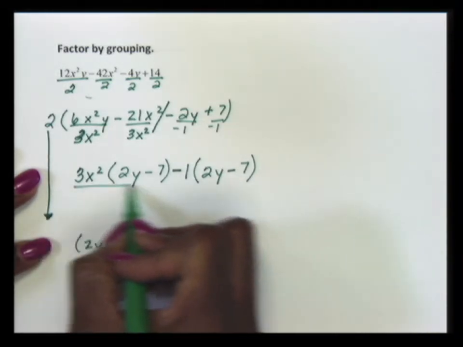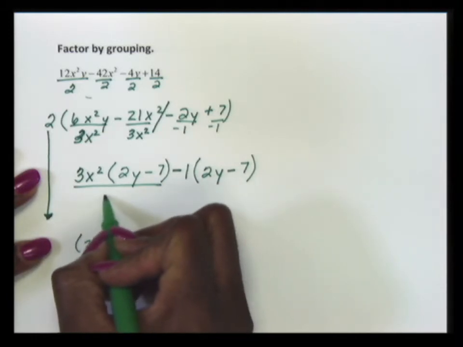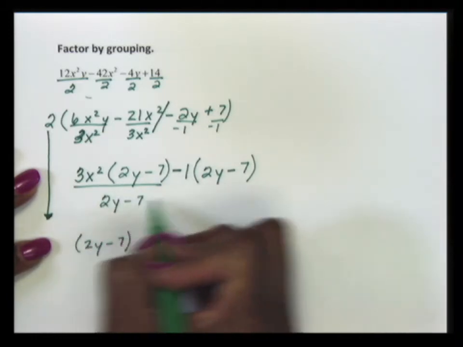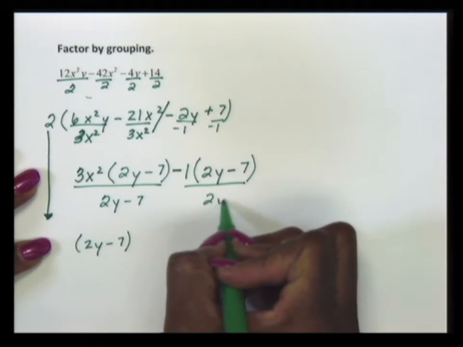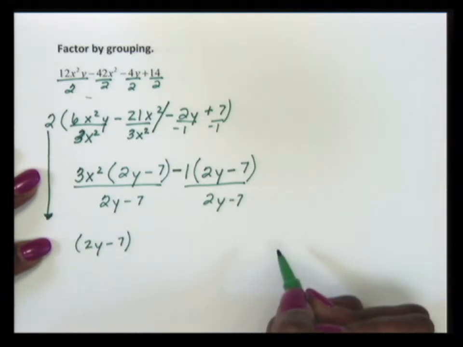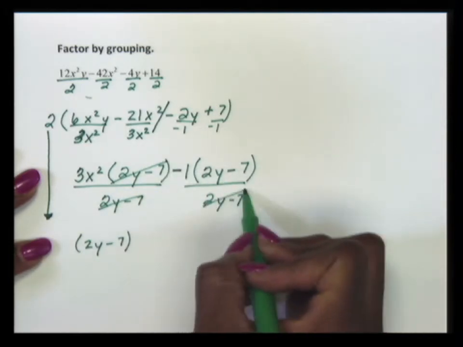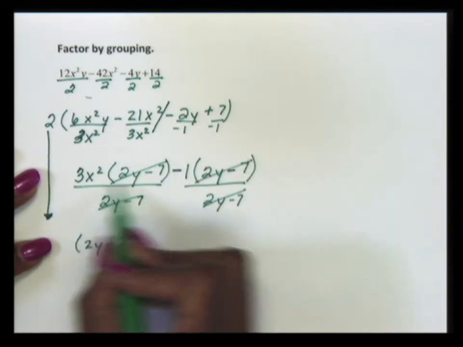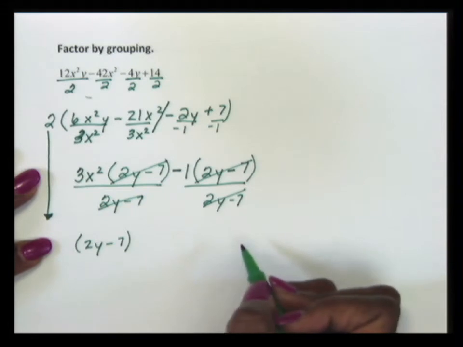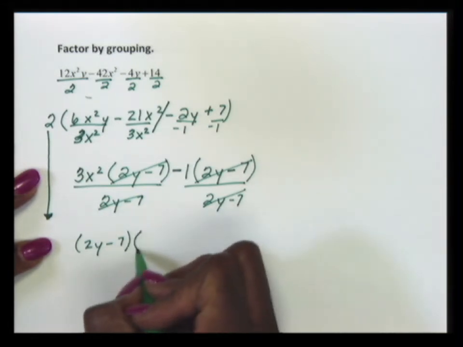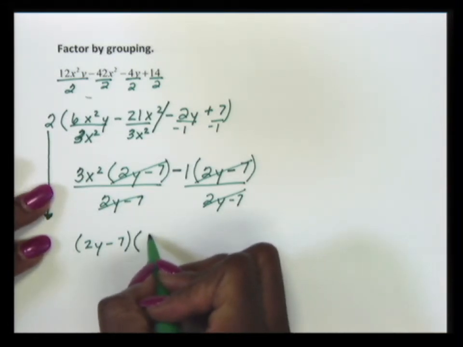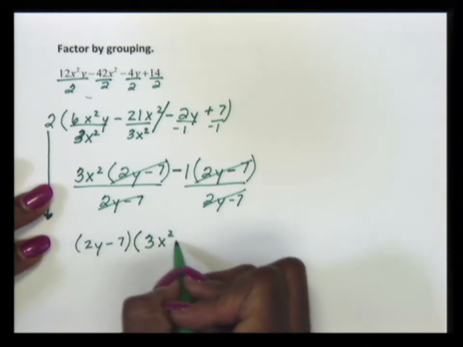So I'm dividing each of these terms by the 2y minus 7. Doing this, I cancel out the 2y minus 7's, and I'm left with the terms that are outside of the parentheses. So my last factor is 3x squared minus 1.